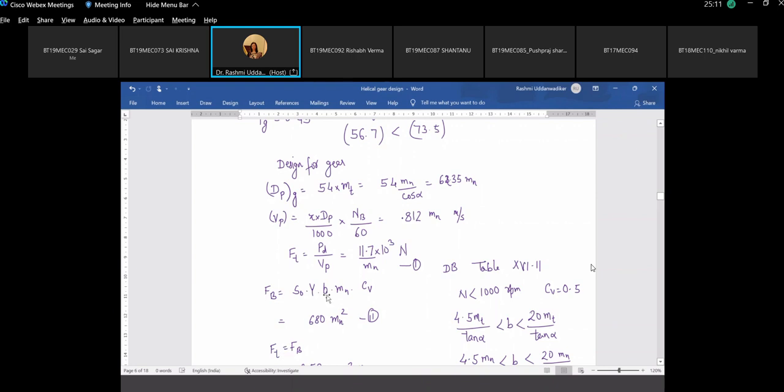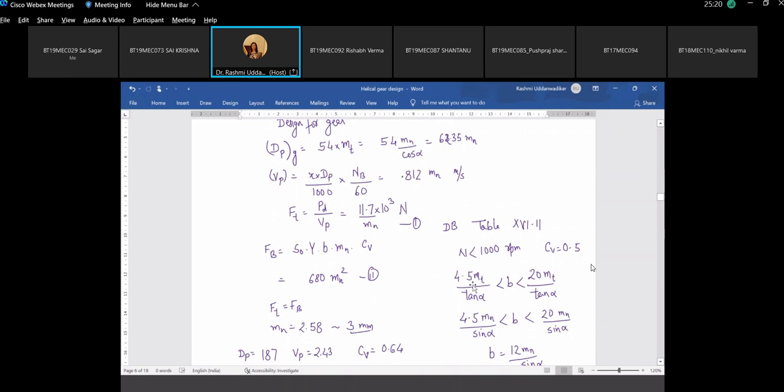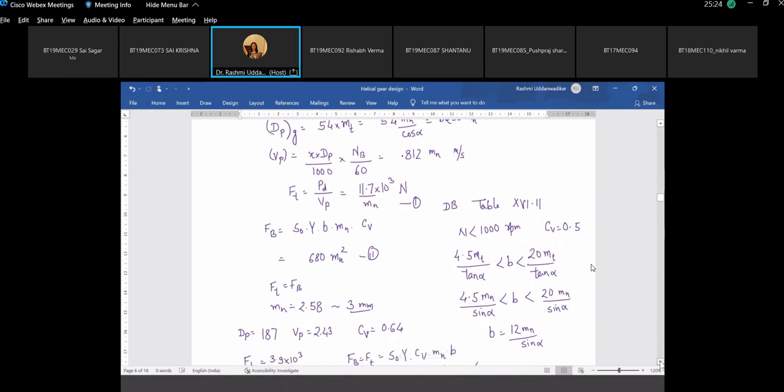And for the value of B for helical gear, this is the range given in the design data book. In terms of MT and tan alpha, we'll convert this into Mn and sin alpha. So this range is always 4.5 times Mn by sin alpha to 20 times Mn by sin alpha. We can select any value in this range.